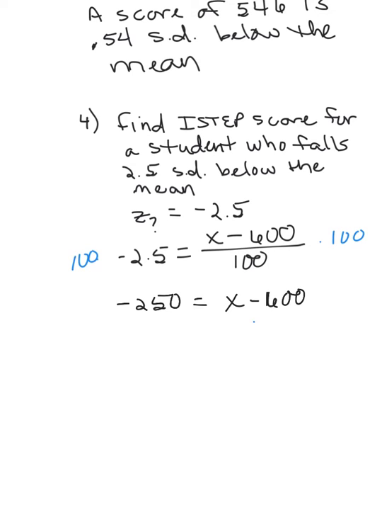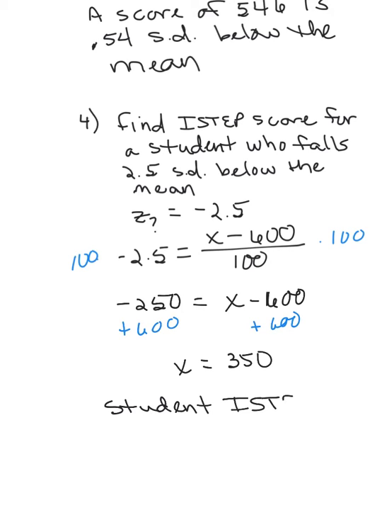Then we are going to add 600 on both sides, and we will now have that x equals 350. So this now tells me that the student's I-STEP score is 350.